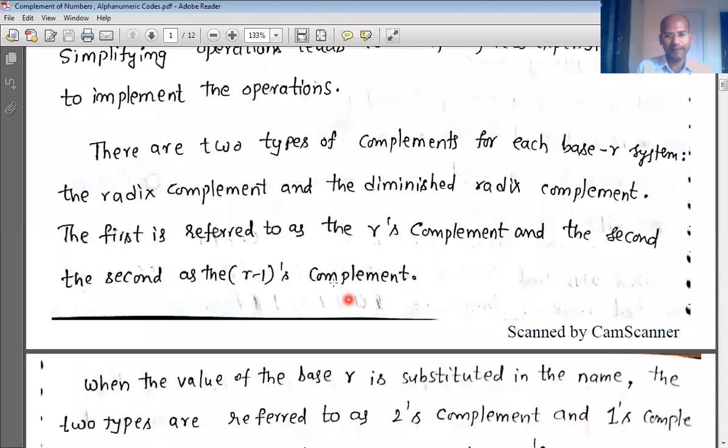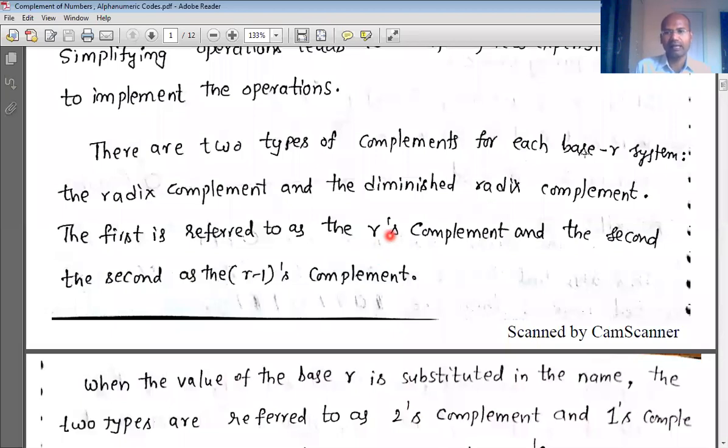Now we talk about subtractions in different number systems. We have generalized here. There are two types of subtractions that are useful in every number system.